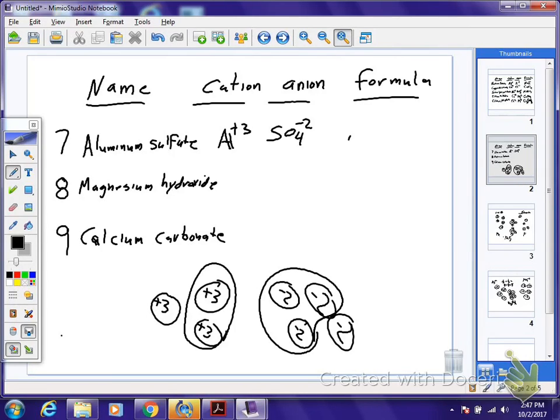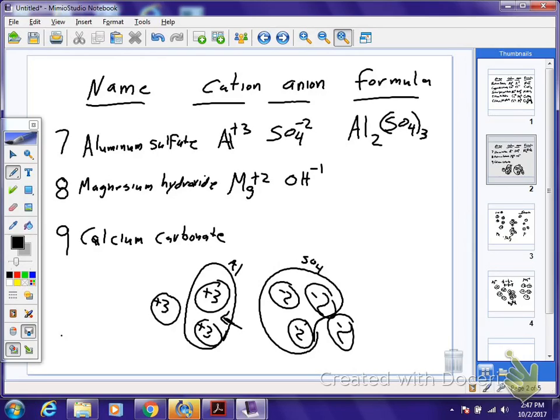So that formula should be Al2(SO4)3. We have 2 of the +3 right here. And we have 3 of the SO4s. And they're right here. The SO4s are here. And these are the aluminum. So see, they match up. 2 to 3. Next, magnesium hydroxide: magnesium's a +2, hydroxide's a -1.